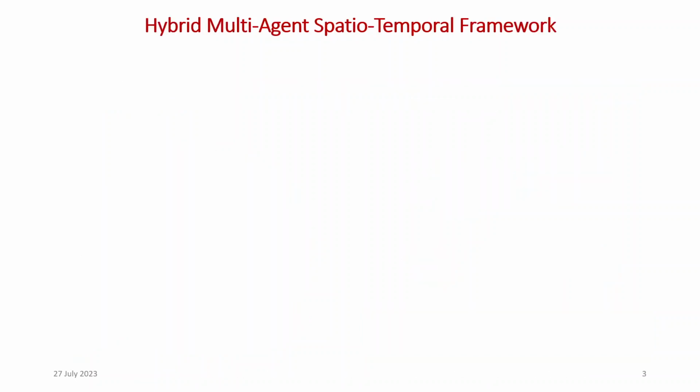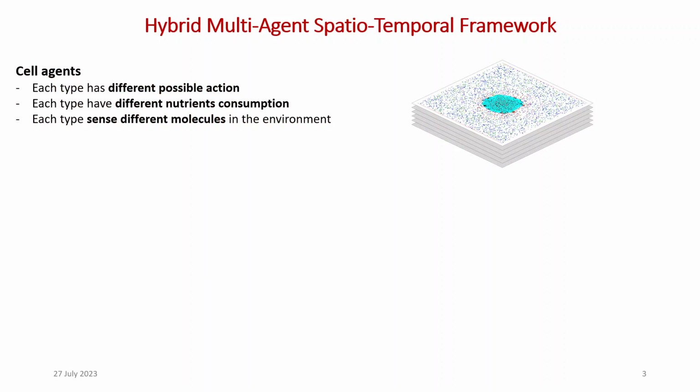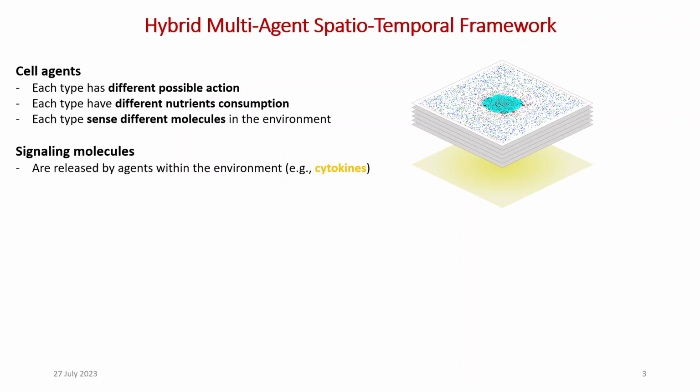In particular, our framework can be seen as a stack of cooperating layers. We have the cell agent layer, where each type of agent has different possible actions, nutrient consumption, and sends different molecules in the environment. The signaling molecule layer keeps track of molecules like cytokines in the environment.